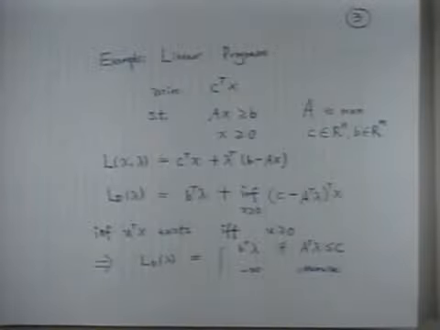Otherwise, if you have any negative element, then the decision variable can go to positive infinity, and then you don't have a way to minimize that. So in this case, c minus A transpose lambda will have to be non-negative, which just says A transpose lambda should be less than or equal to c.